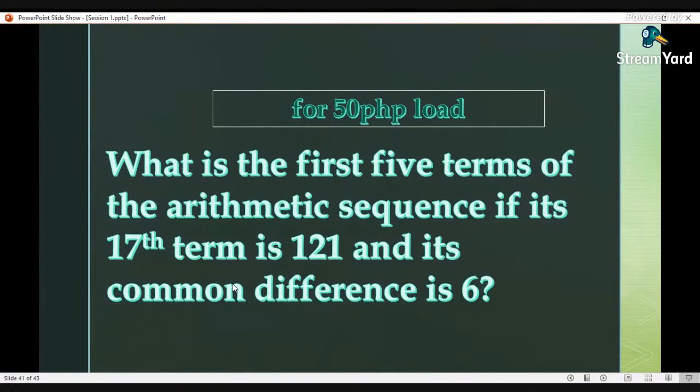Okay? So, the first question is, what are the first 5 terms of the arithmetic sequence if its 17th term is 121 and its common difference is 6?